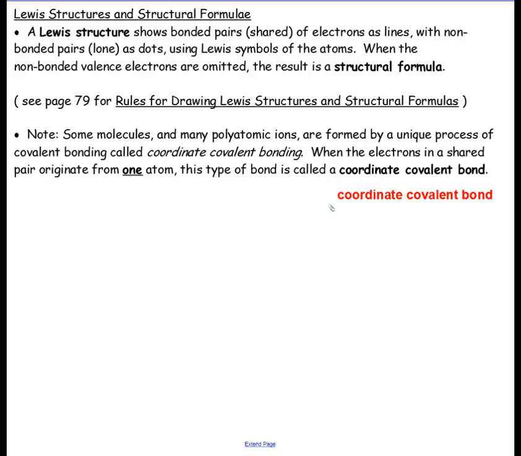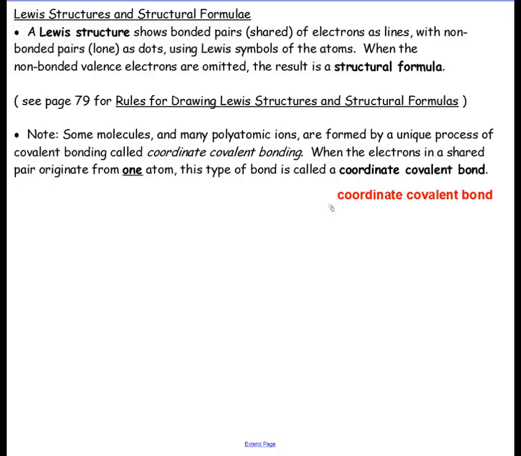A Lewis structure and a structural formula are not quite the same thing. One shows bonded pairs, which are the shared electron pairs, as lines. And non-bonded pairs of electrons are shown as we would in a Lewis diagram as dots, and the symbol of the element is central.